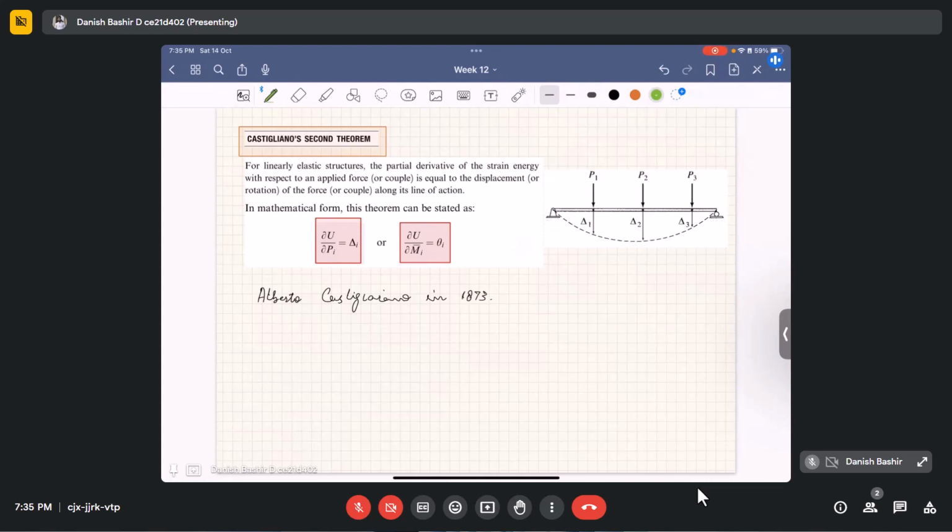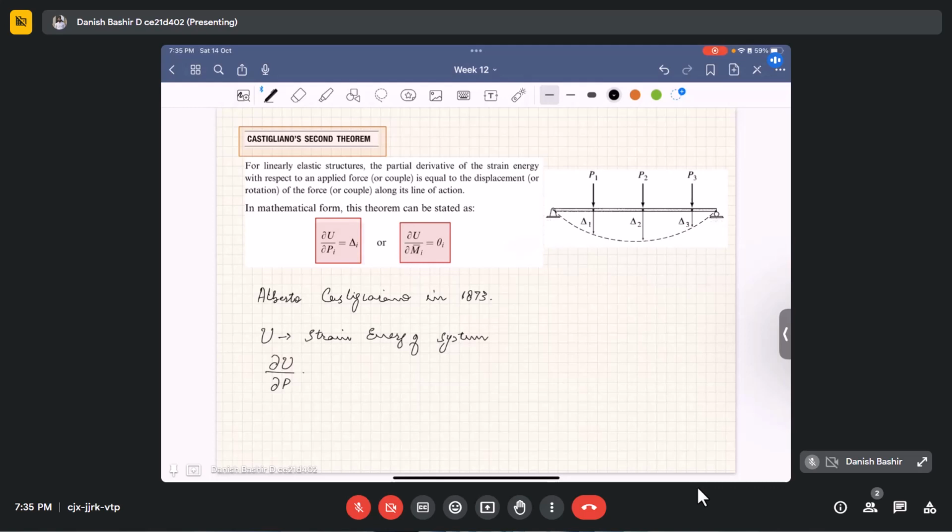This is very simple, and hence we can write the mathematical form of Castigliano's second theorem as follows. If we treat U as the strain energy of the system, all you have to do is take the partial derivative ∂U/∂P.